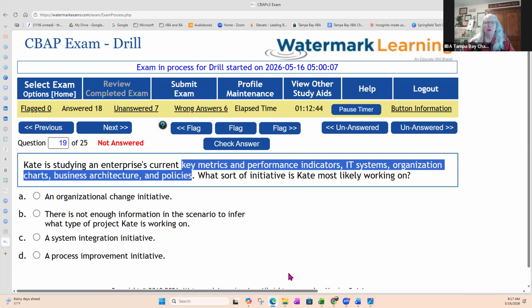And what is included. So, is she looking at an organizational change initiative? There's not enough information in the scenario to infer what type of project Katie is working on. A system integration initiative or a process improvement initiative. Which one can we eliminate?